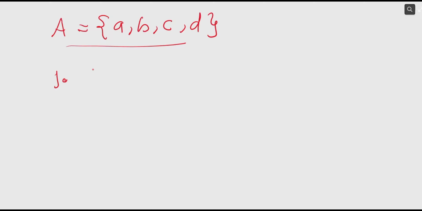Lest I forget, every set itself is one partition of itself. For instance, if I have a set A equal to {a, b, c, d}, one partition I could get from this is the entire set {a, b, c, d}.